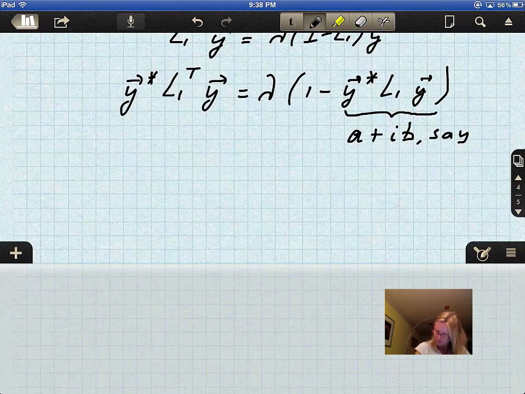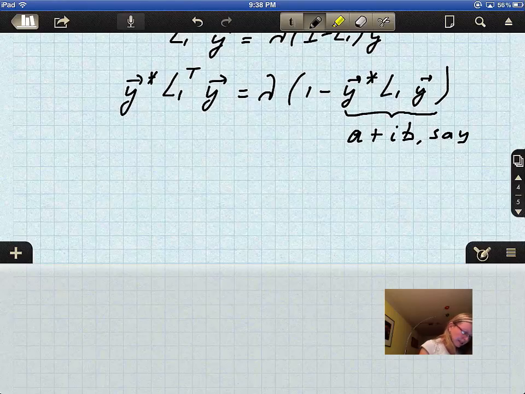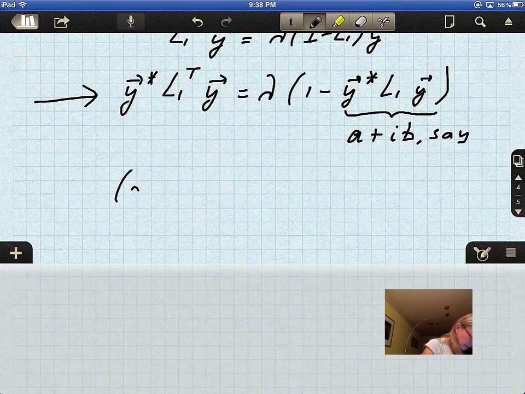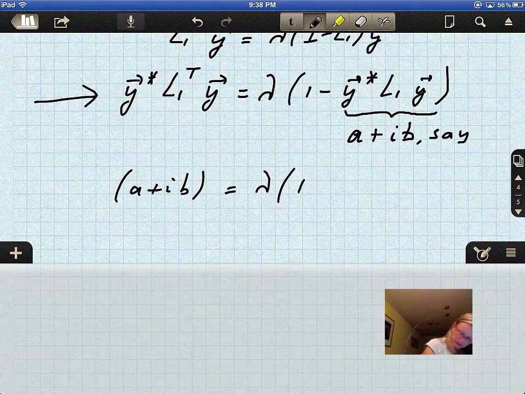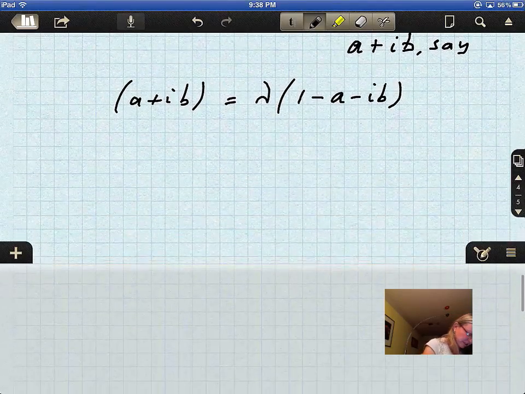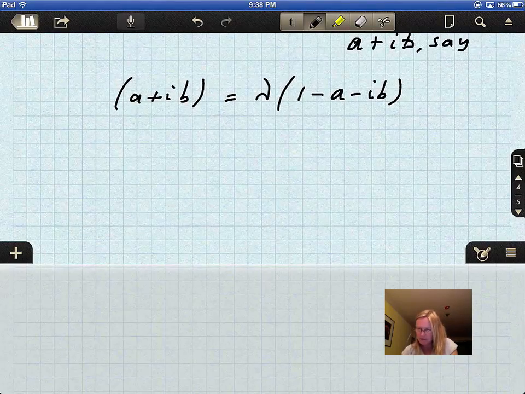So if I look at this equation, then I have the expression a plus ib is equal to lambda times 1 minus a minus ib. So I have in fact already an expression for lambda.